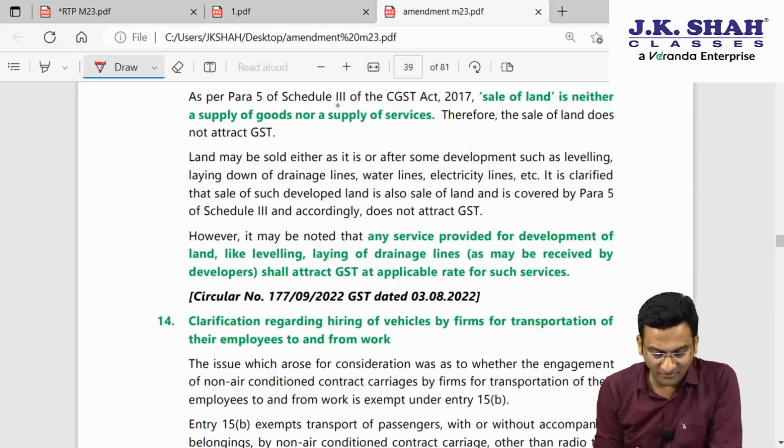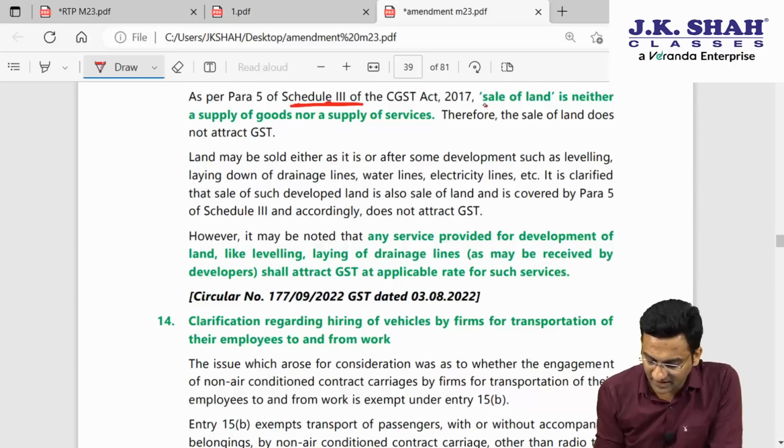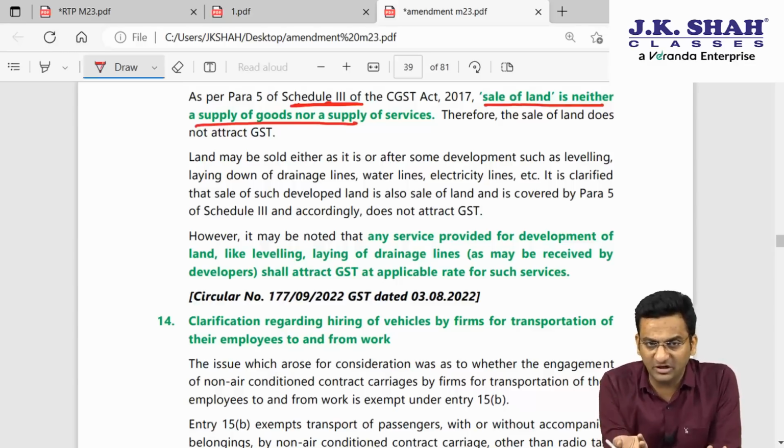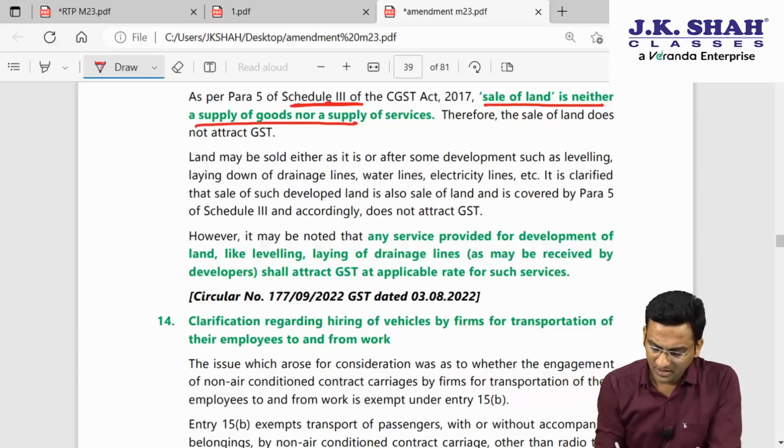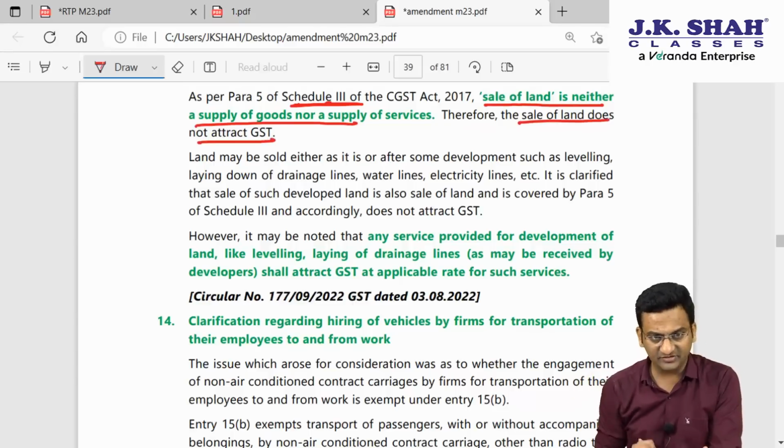As per para 5 of Schedule 3 of the CGST Act 2017, the sale of land is neither a supply of goods nor a supply of service. So in simpler language, sale of land is neither supply of goods nor supply of services as per Schedule 3. Therefore, sale of land does not attract GST.